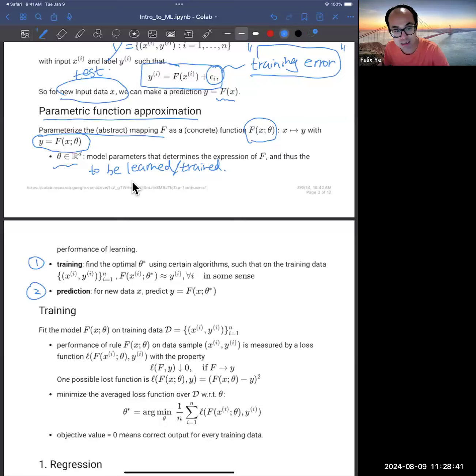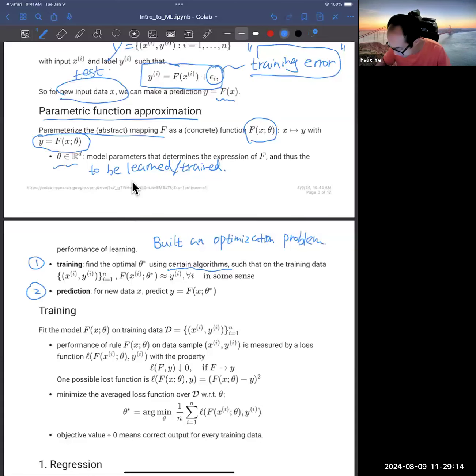So the whole idea is we want to find the optimal theta star with certain algorithms, which is likely to build an optimization problem. And actually using these optimization algorithms to find the optimal theta star.